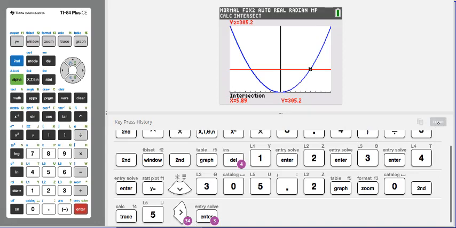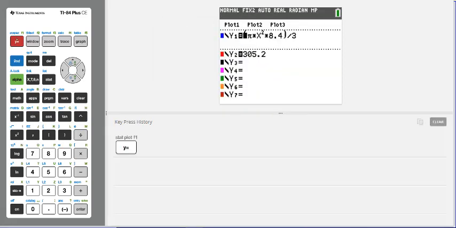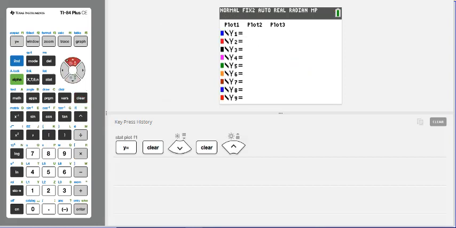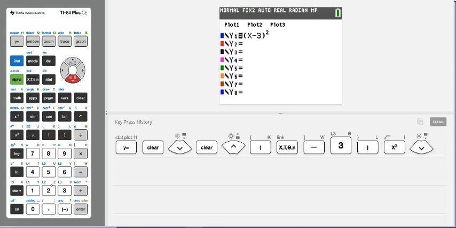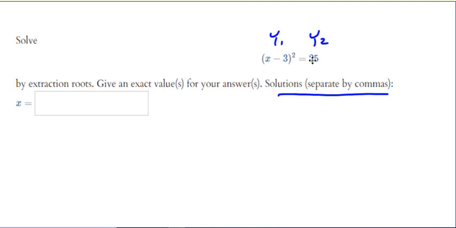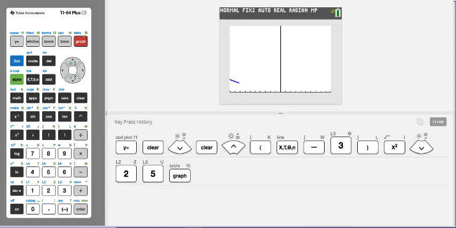I'm going to clear all this stuff. Y equals, clear. So we put parentheses x minus 3 parentheses squared, and then 25 is in the other one. Let me double check that: x minus 3 squared and 25. Now that I've got these in y1 and y2, we can just hit graph.